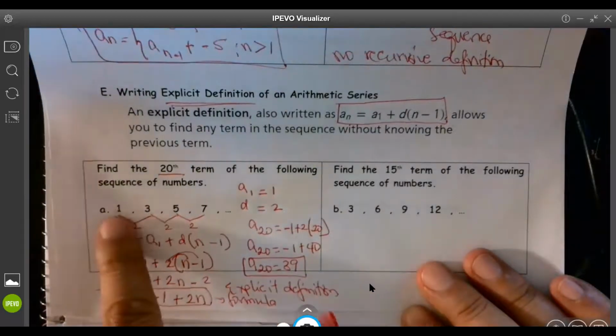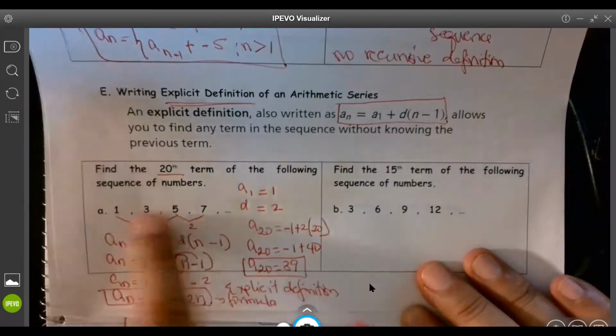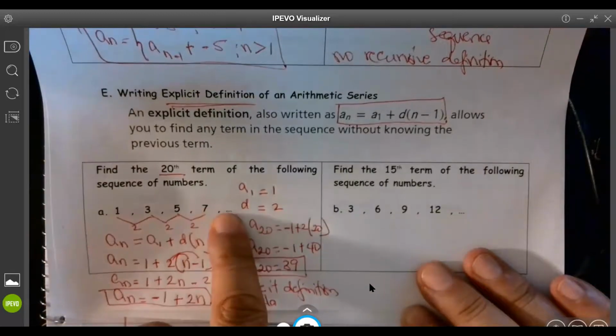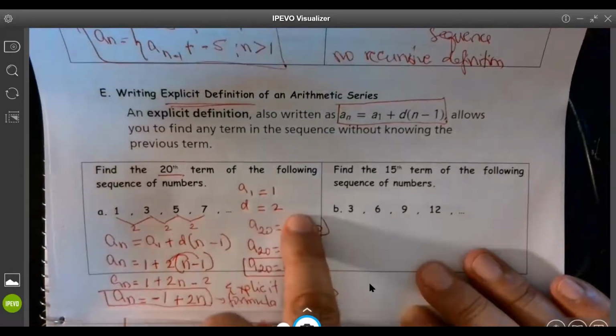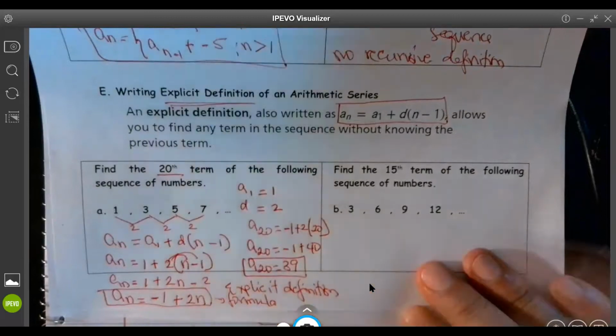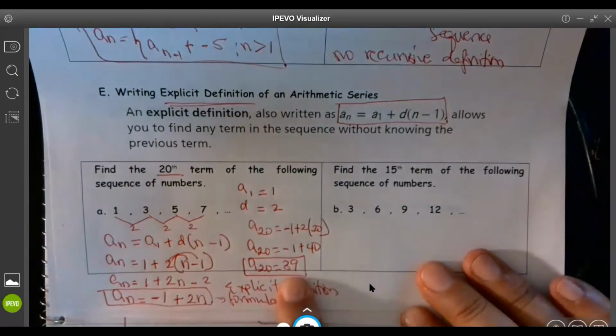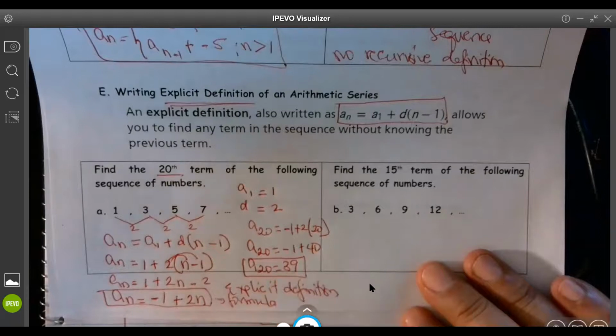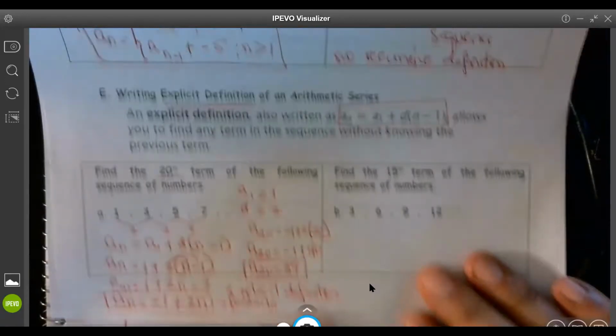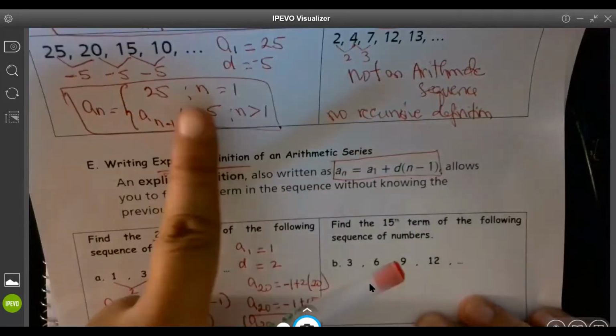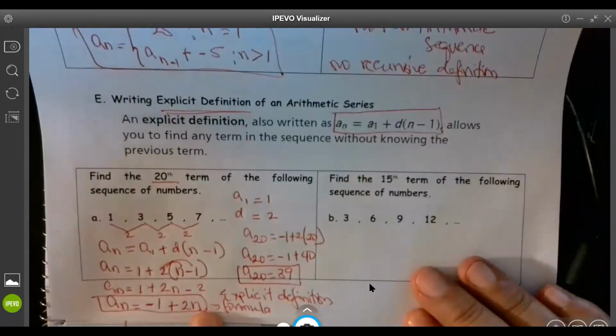It's going to be 1 plus 2 is 3, plus 2 is 5, plus 2 is 7, plus 2 is 9, plus 2 is 11, plus 2 is 13, plus 2 is 15, until you reach the 20th term, you will see it is 39. Okay? So this is the recursive and this is the explicit.